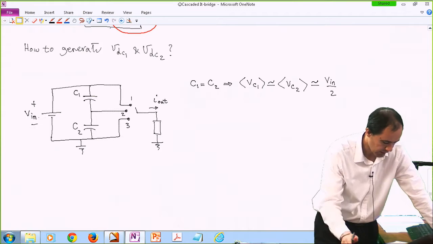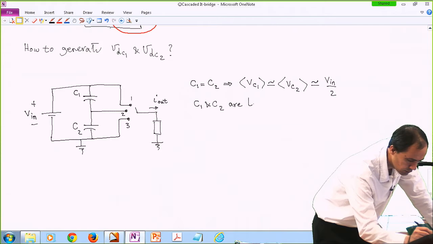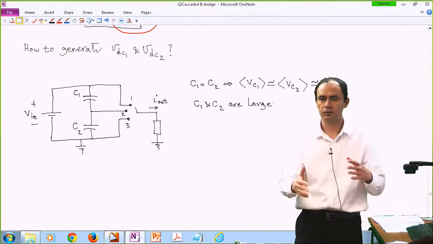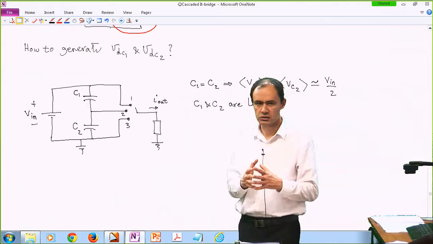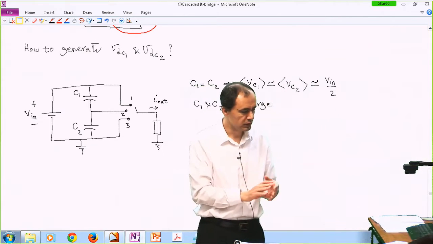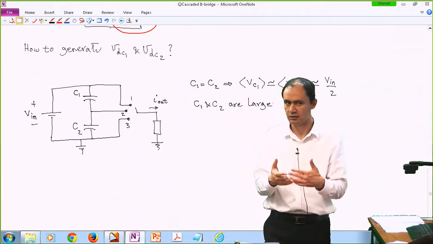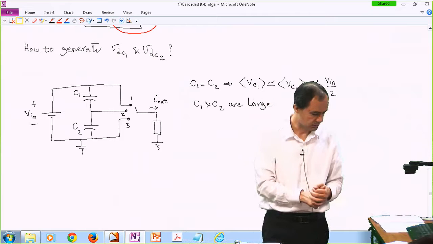So for this to happen, we got to make sure C1 and C2 are large. Again, how large? Kind of like when we were designing the buck topology, we assumed that the output capacitor was large. And large meaning that the AC ripple of the cap is much smaller than the DC component of the voltage of the cap.